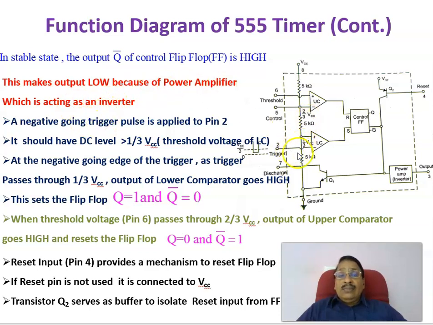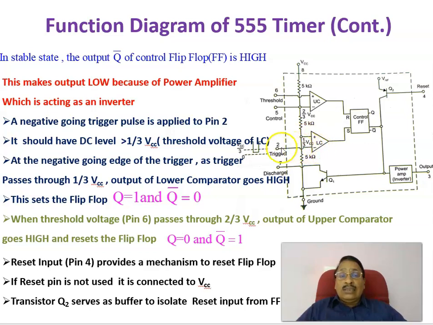Now when a negative going edge signal is applied at pin number 2, the trigger input, and the voltage goes less than 1 by 3 VCC, because the voltage at this point is equal to 1 by 3 VCC, then the output of this comparator will change to high, because to its plus terminal we have 1 by 3 VCC.